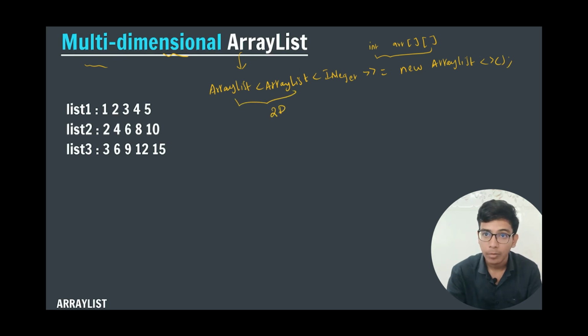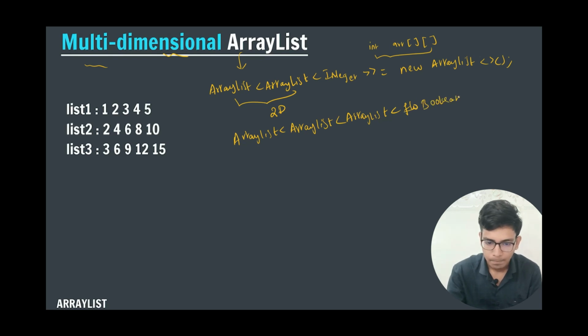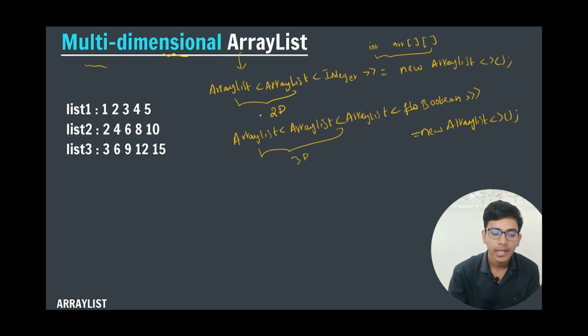Suppose I want to implement a 3D array, then I will write array list, and inside it again array list, and inside it again array list. Suppose I want to store float values, then I will write Float, or if I want to store boolean values, then I will use the Boolean class, is equal to new array list. That's all. So this will implement my 3D array, and this is how we will implement my 2D array.